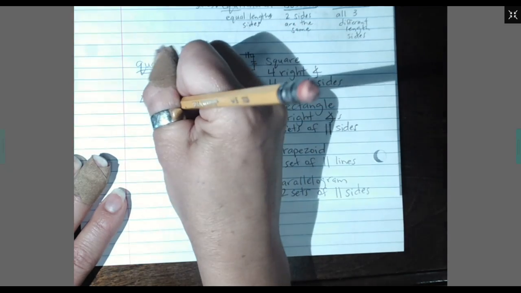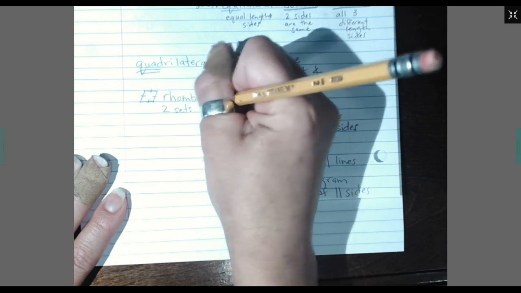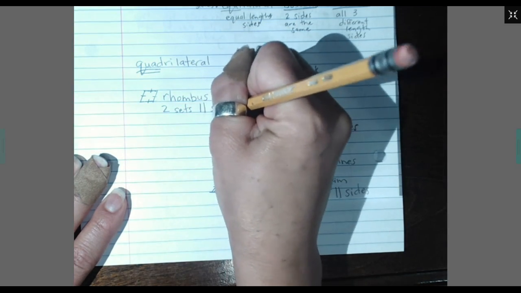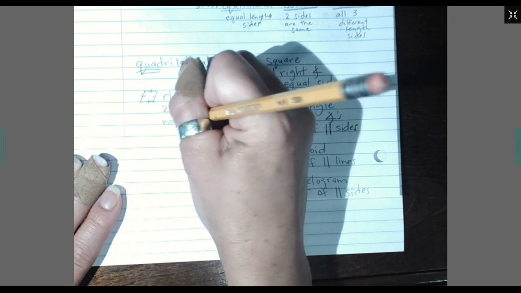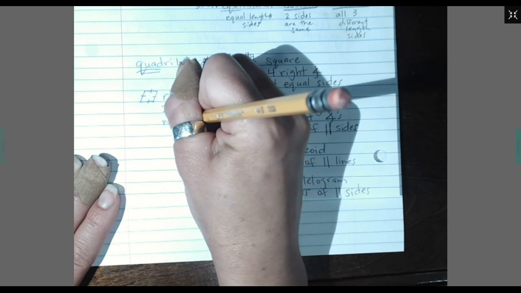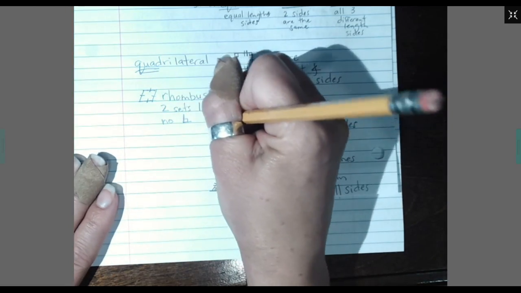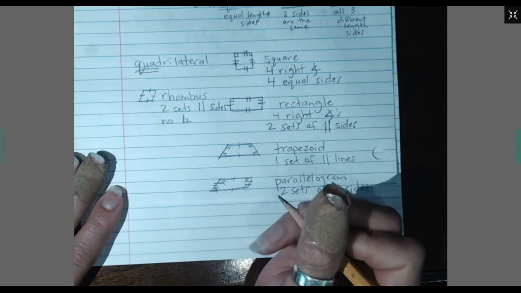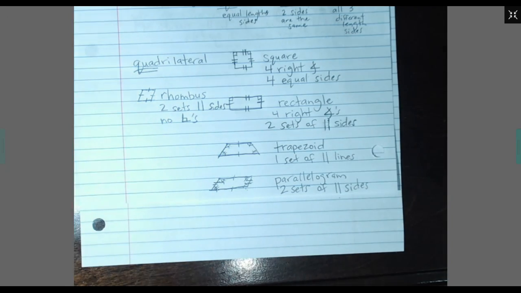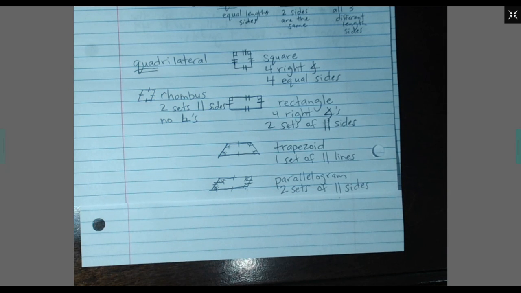So a rhombus has two sets of parallel sides, and no right angles, or 90-degree angles. That's the notation for right angle. So no right angles. And I'm sure I'm missing something, but that is a lot of information for now.